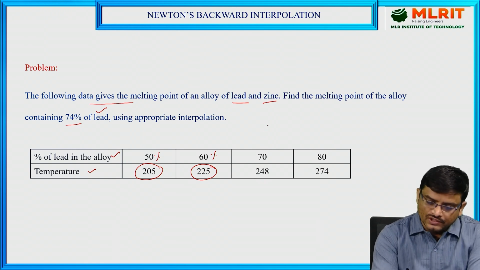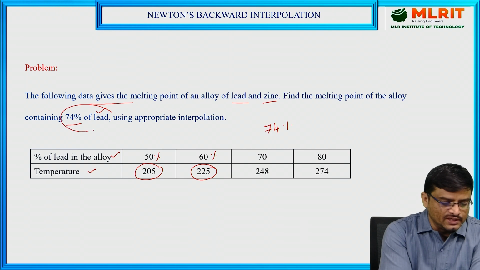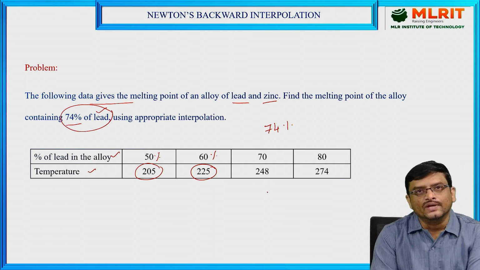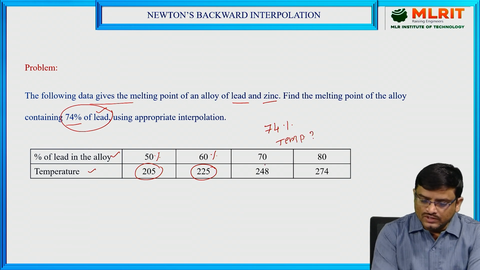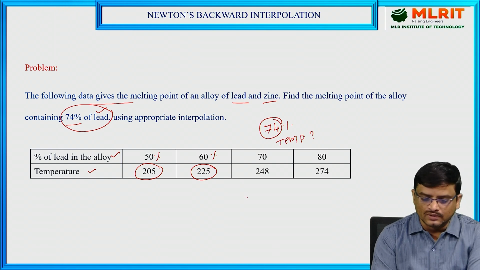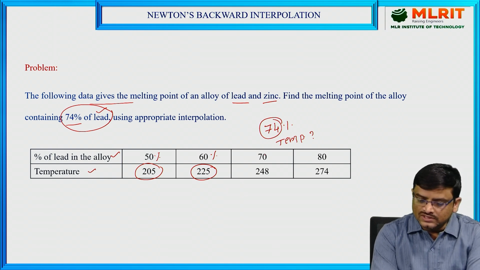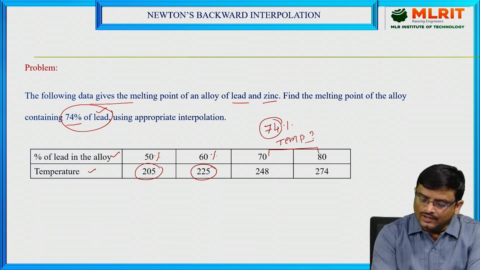Now our question is, in order to get 74% of lead, how much temperature we have to maintain? That means we have to find the temperature here. That is our question. Now if you observe, 74 is the number he has given in the problem, and 74 lies between 70 and 80, so it lies at the ending of the table.